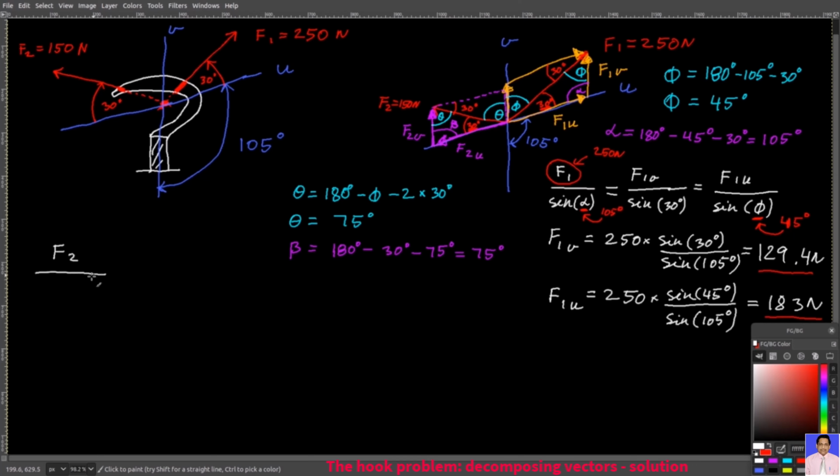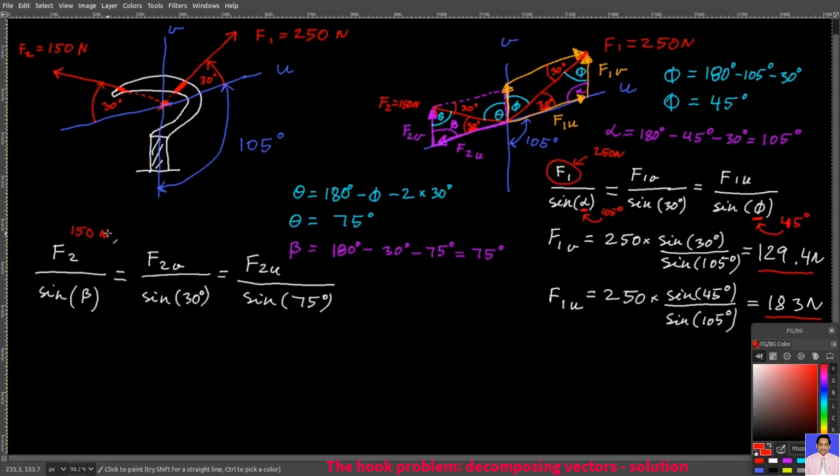F2 over sine beta equals F2V over sine 30 degrees equals F2U over sine 75 degrees. This is 150 newtons. This is 75 degrees. So you have to find this one and this one. If you do that, then you will find that F2U equals 150 newtons without even looking at it.